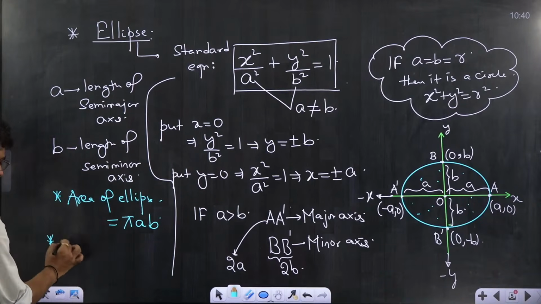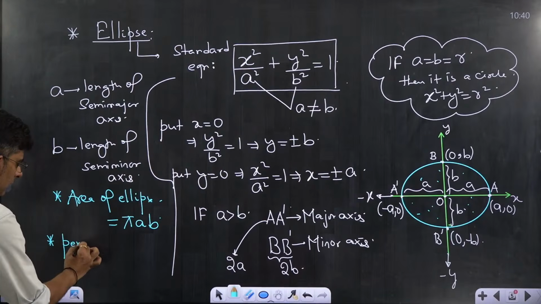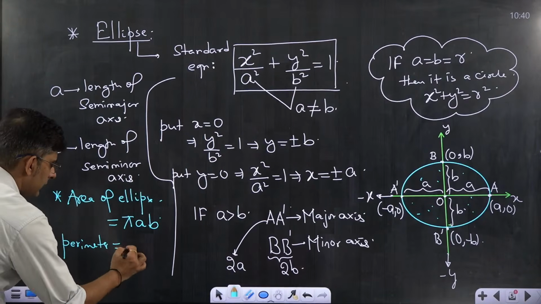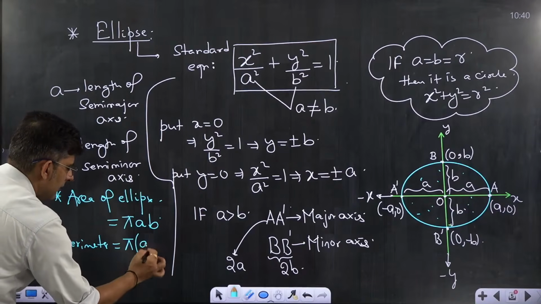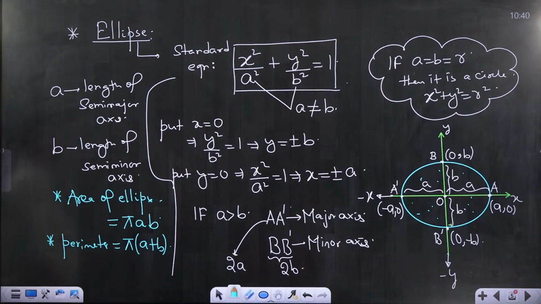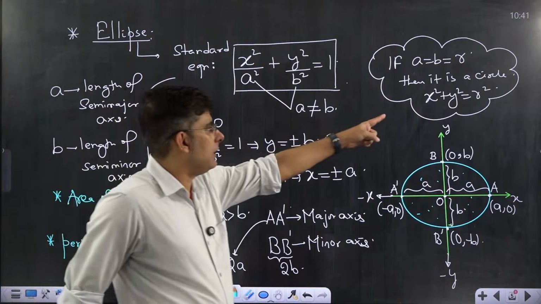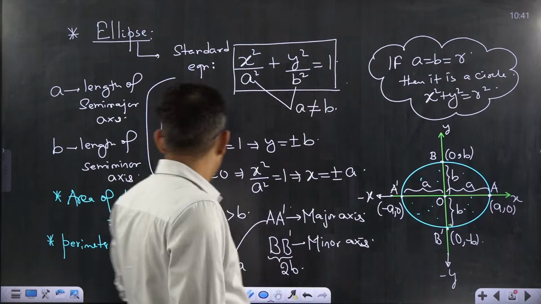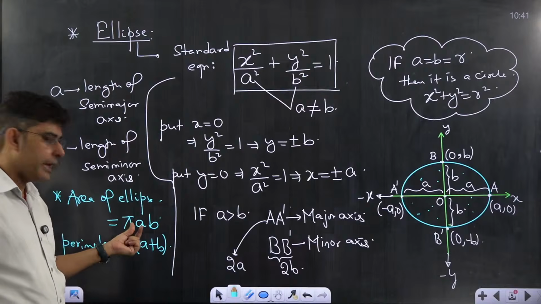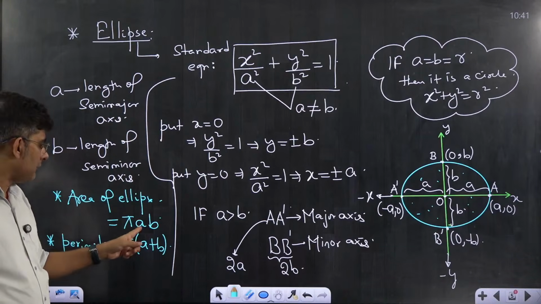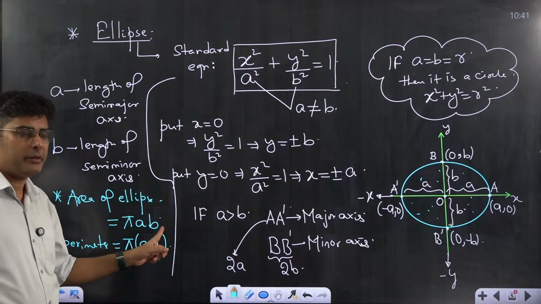And the perimeter is approximately pi times A plus B. If you put A and B equal, that is R, you will get the area of a circle. It becomes pi R square, it becomes a circle.